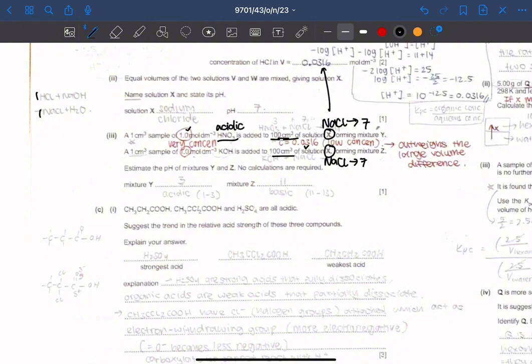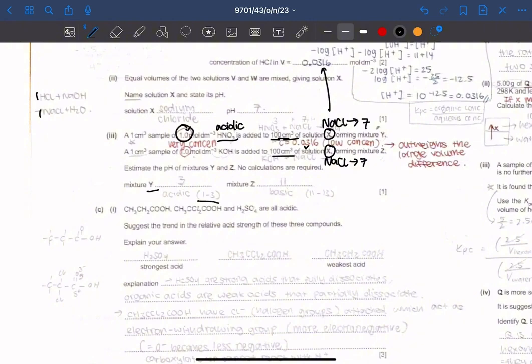So if a very highly concentrated HNO3 is added to a neutral compound, NaCl, it would form mixture Y. What would you predict mixture Y's pH would be? Mixture Y would definitely be on the acidic side, and because this acid has a very high concentration, you can assume that a very acidic pH is formed.